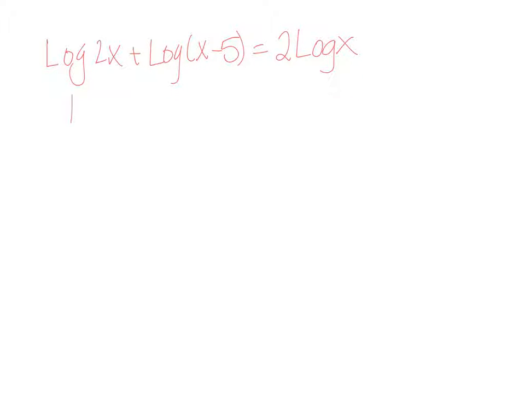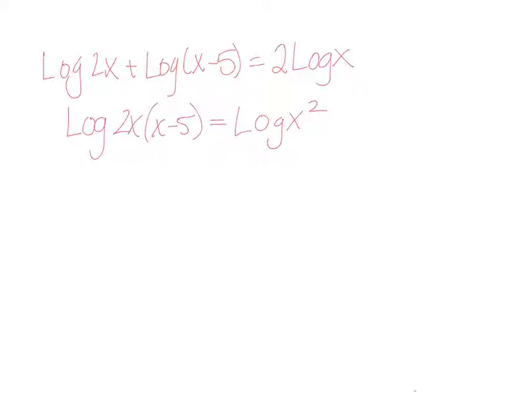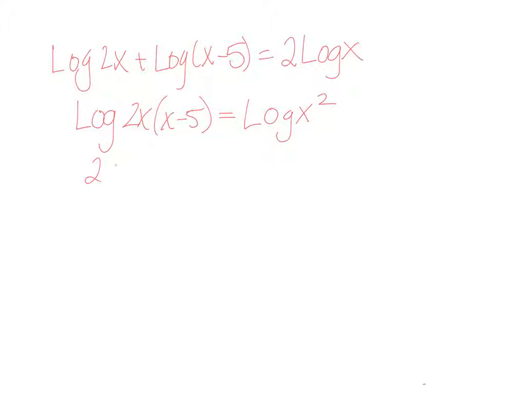So when I condense this side, I get the log of 2x times x minus 5 using my product property. And on the right side, I use my power property, the log of x squared. I have a log equal to a log, so I can say that 2x times x minus 5 is equal to x squared. And that's 2x squared minus 10x equals x squared.